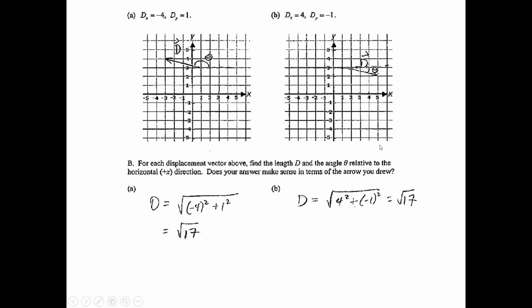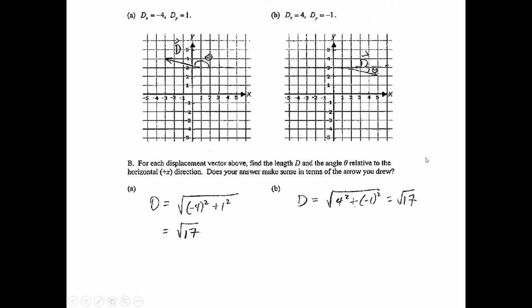And of course, when we do that, the length of these two vectors are the same, just because when we square minus signs, they go away, we get the same answer, which of course makes sense. Looks like these two vectors should be of the same length from the drawings up there. The length of both of them is the square root of 17. Not worrying about units here because I didn't put units on the axes.